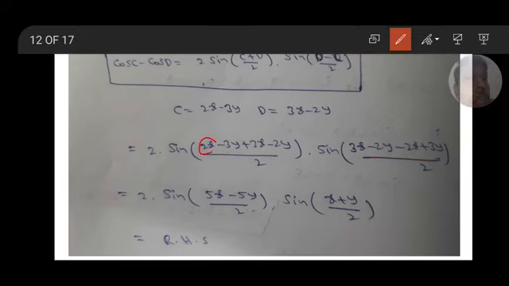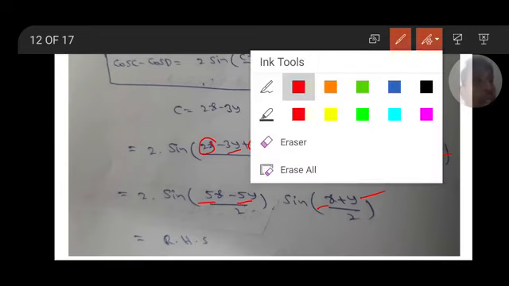Here 2x plus 3x is 5x, minus 3y minus 2y is minus 5y, so 5x minus 5y by 2. And here 3x minus 2x means x, minus 2y plus 3y means plus y. So x plus y by 2.